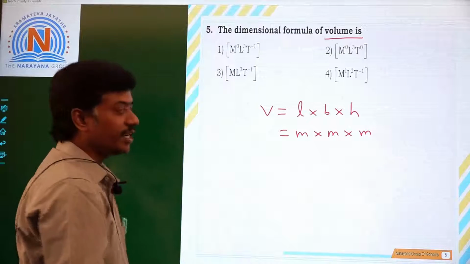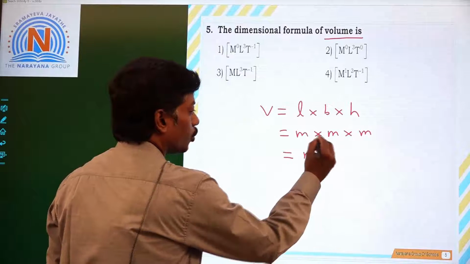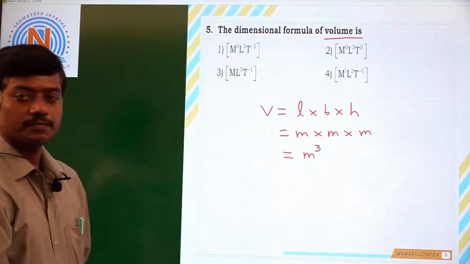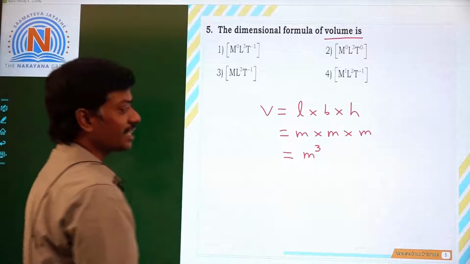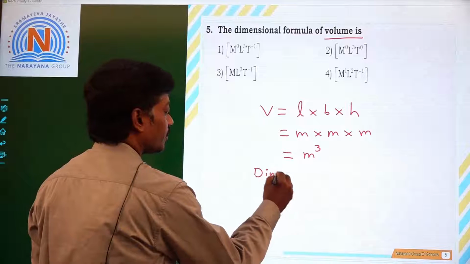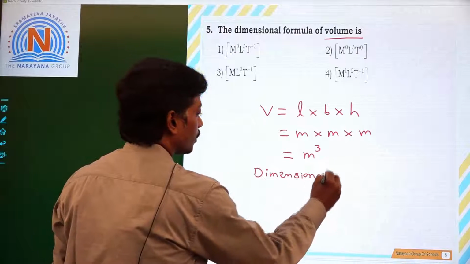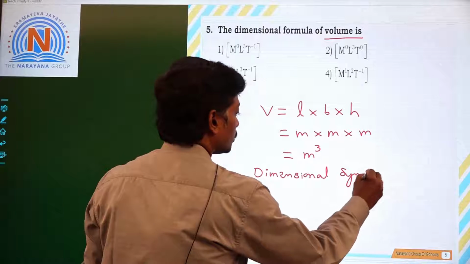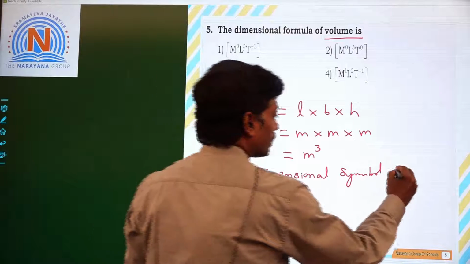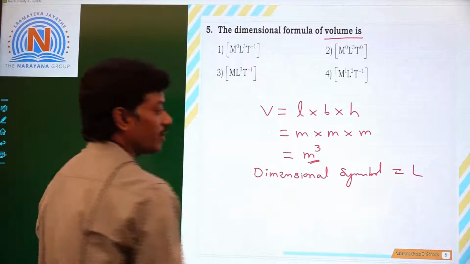So meter into meter into meter is meter cube or cubic meter. The dimensional symbol for length is L and the meter power is 3.